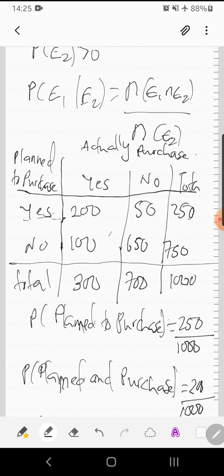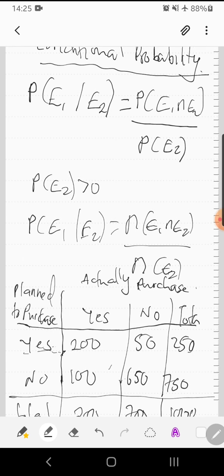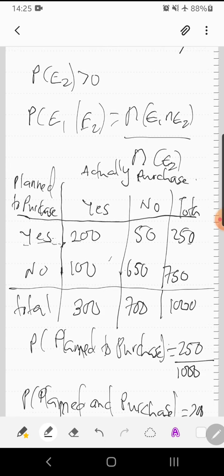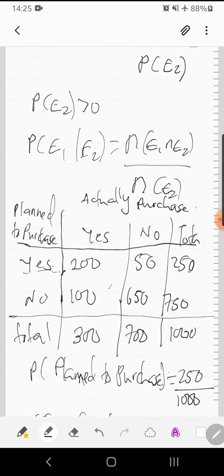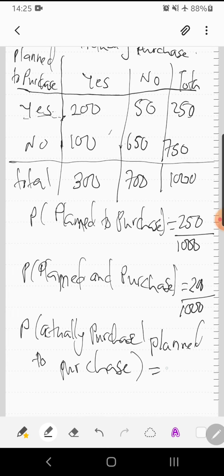According to the formula for conditional probability, we can just say this is n(E1 intersection E2) over n(E2).